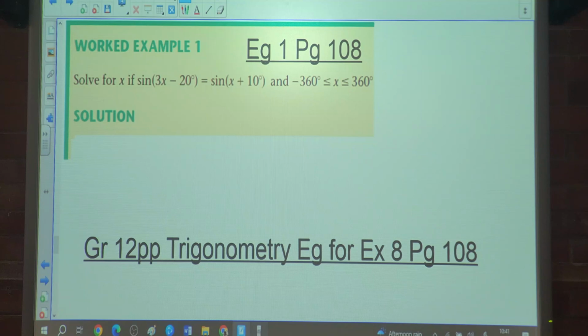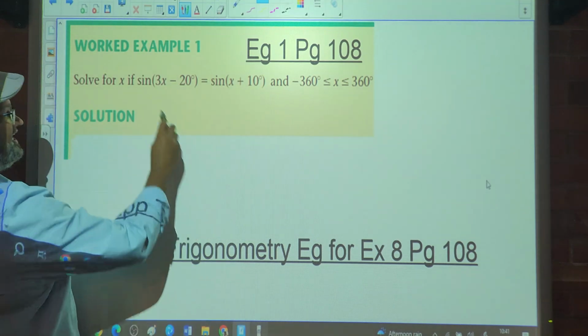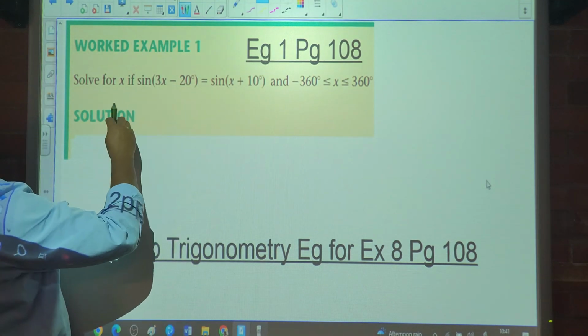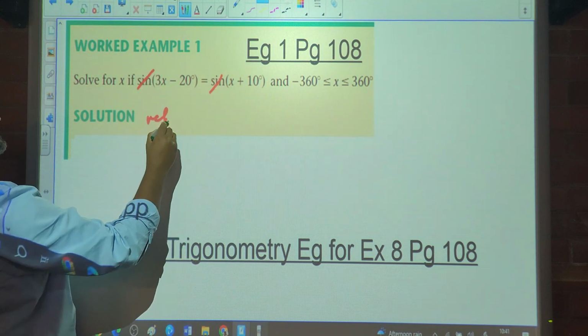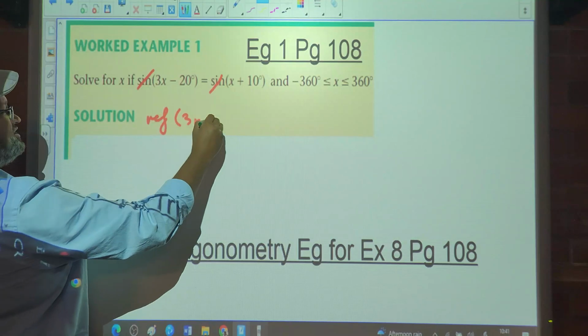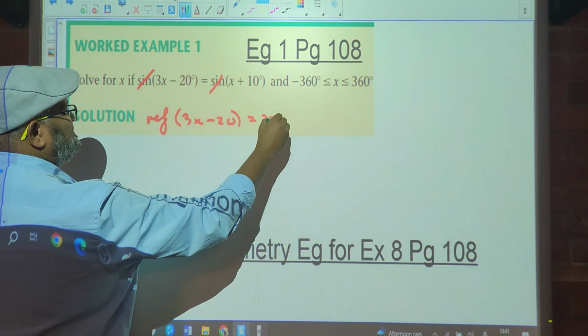So when we start, people, what we notice is that we already have sines both sides. So I can drop that. So we say 3x minus 20 equals x plus 10.